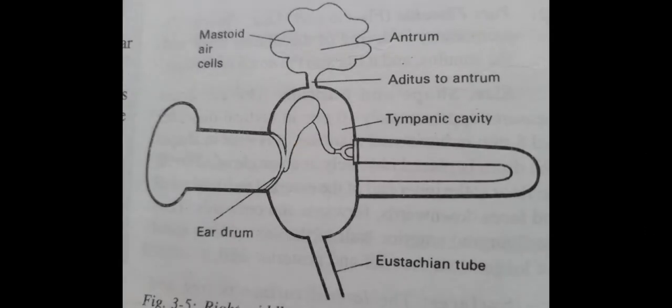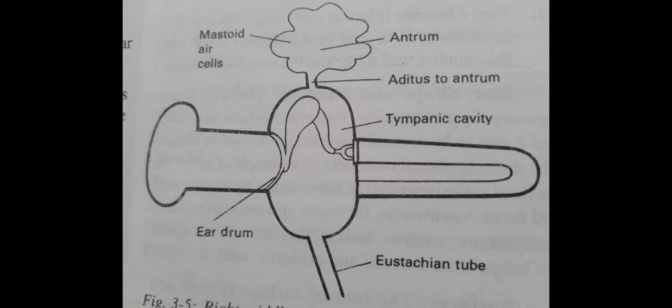The skin has hair follicles and the ceruminous glands which secrete wax. This is the outer 1/3, and the inner 2/3 portion of the canal is bony and the skin is thin as it lacks sebaceous and ceruminous glands.